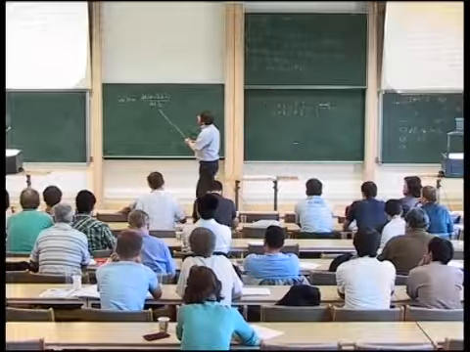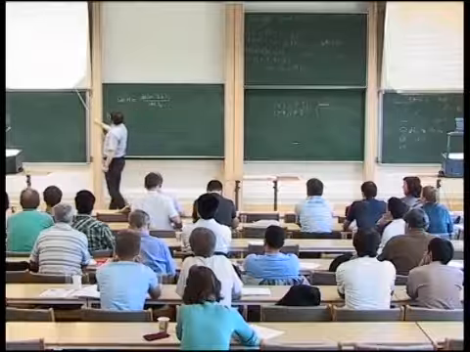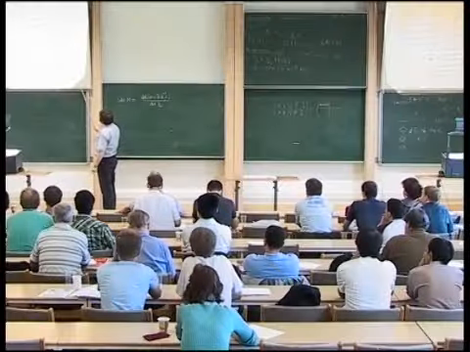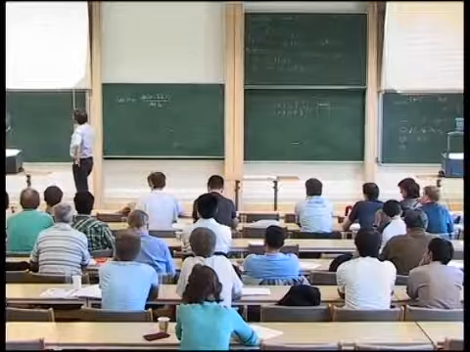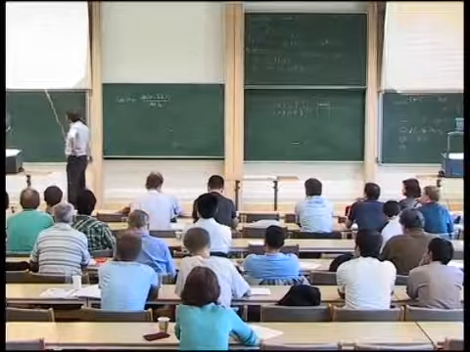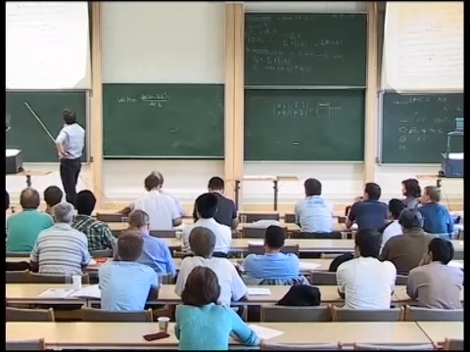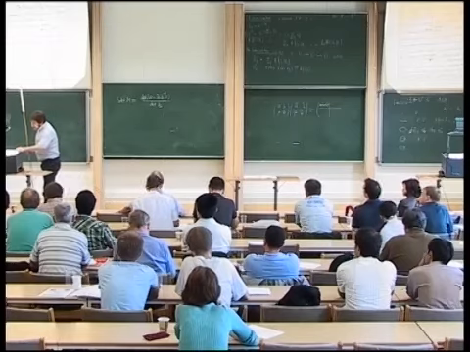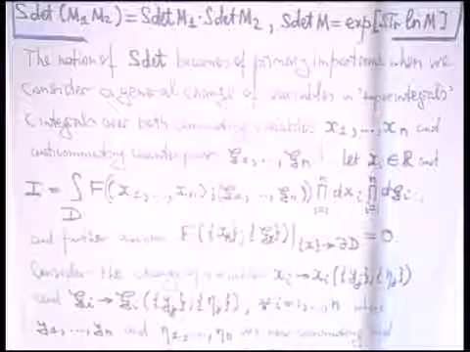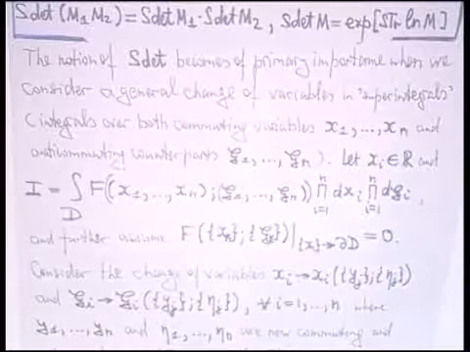Namely, that the superdeterminant is equal to the exponential of the supertrace of the logarithm of n. I assume n to be non-singular.